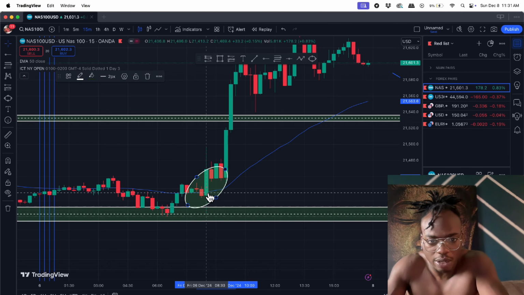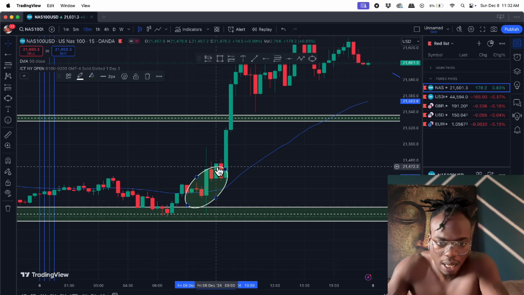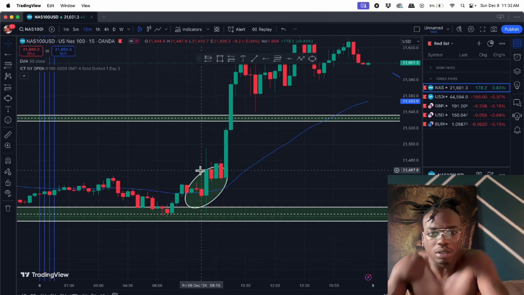Now once this candlestick at 8:30 opened, it had a retracement into it, but it rejected. See this candle wick? That means it was a rejection from this area. Now once this candlestick closed like this, we knew that it's going to continue to go up.